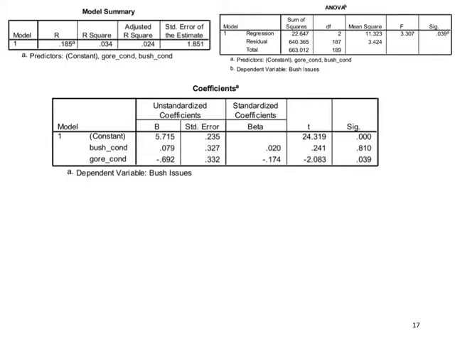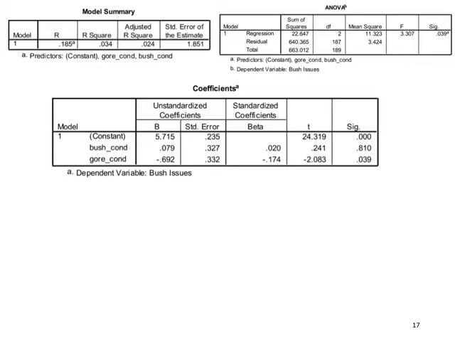And then if we wanted to predict for the Gore condition, of course, if Gore is equal to 1, Bush has to be equal to 0, right? And Gore is equal to 1, so it's just 5.715 plus a negative 6.92 times 1, and do that math, and that will be equal to the mean for the Gore condition.